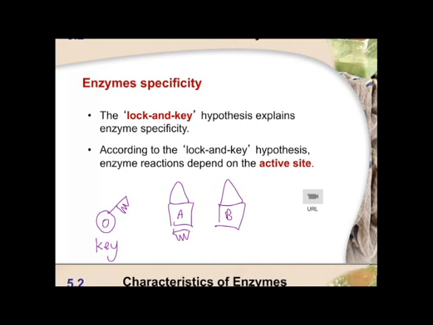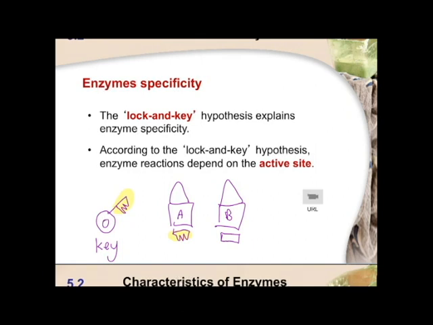Let's say the keyhole will only accept this kind of shape, whereas the other lock will accept only this kind of shape. So what will happen is the key will only open lock A and not lock B. Why? Because the shape of the key is only able to fit the keyhole of A, but not the keyhole of B.